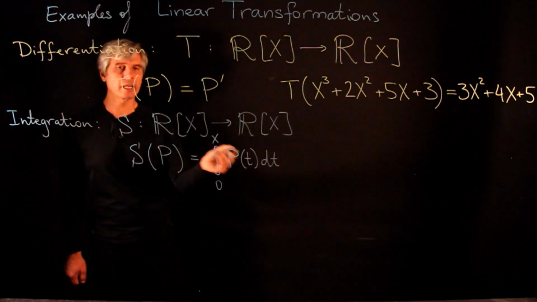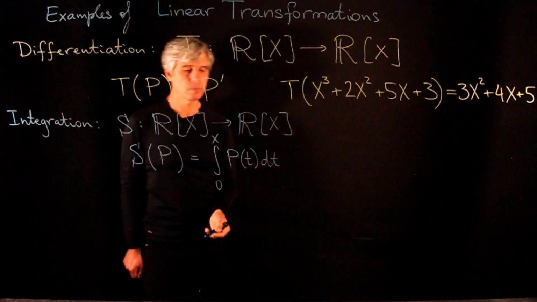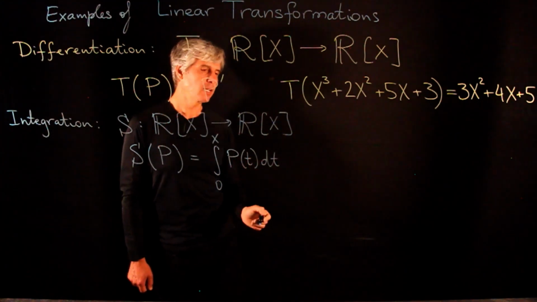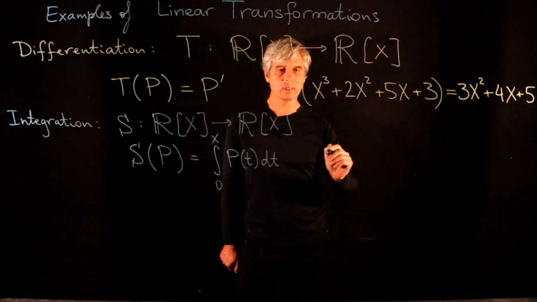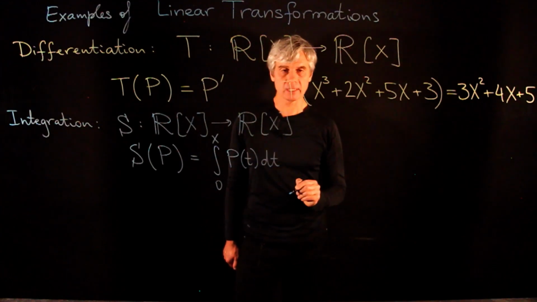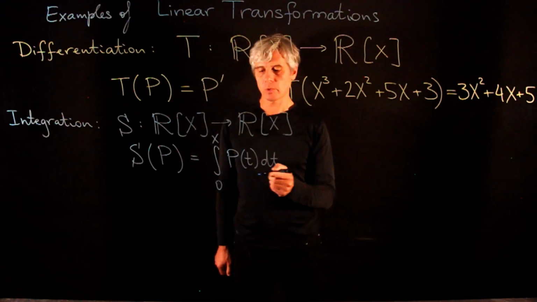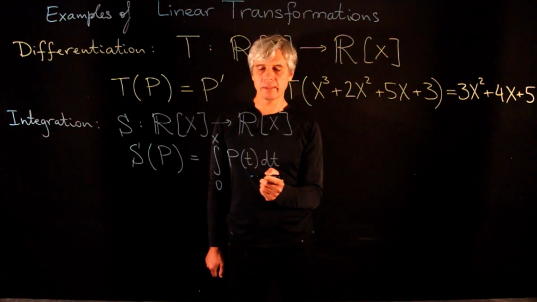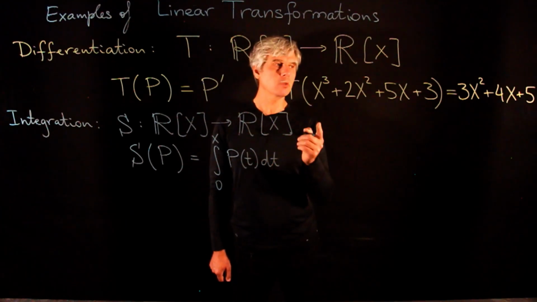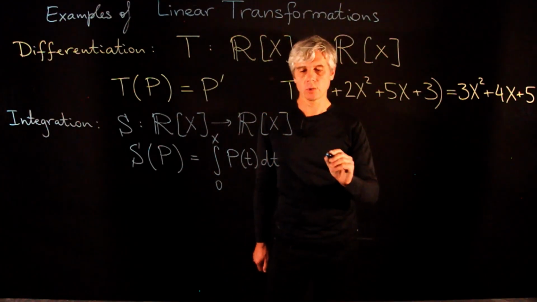Here I assume that you are familiar with integration, and if not, just disregard this example. Basically here we take the antiderivative of a polynomial with a zero constant term.